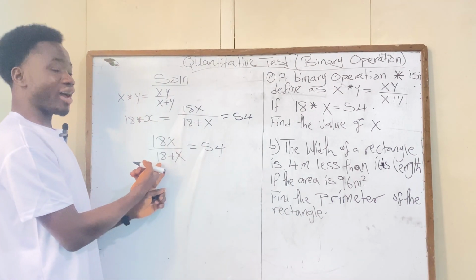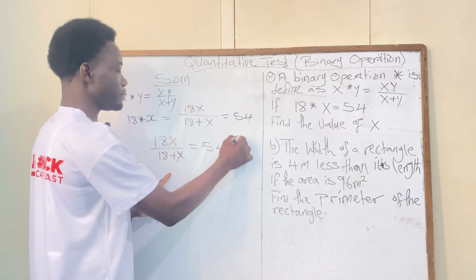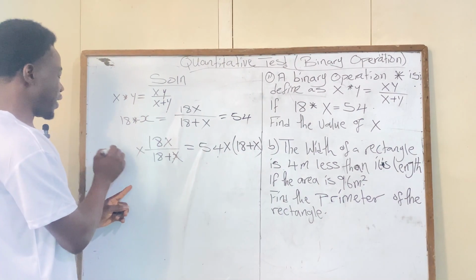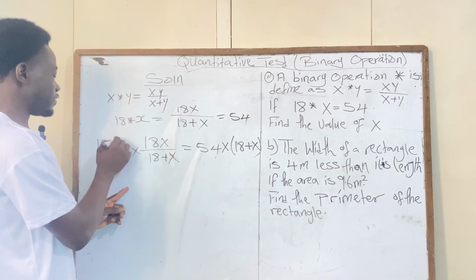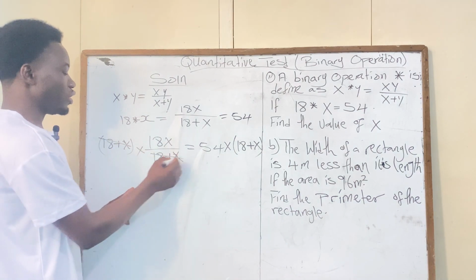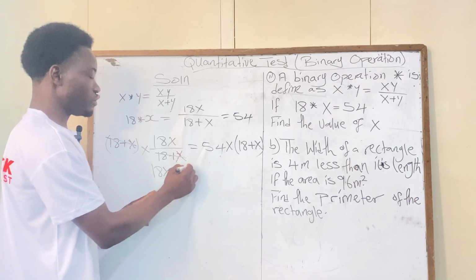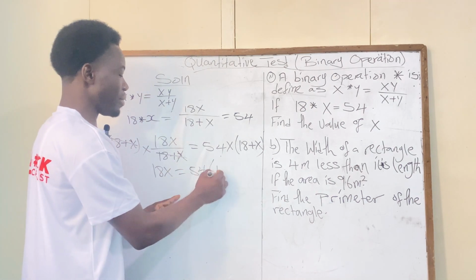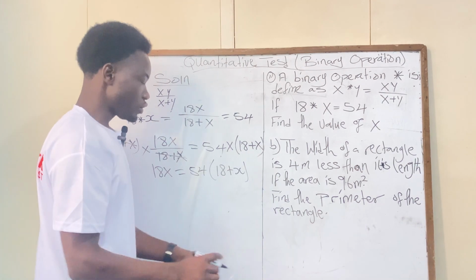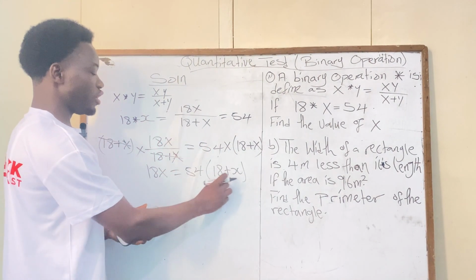Now I can multiply both sides by the denominator here. So I multiply here by 18 plus x, and multiply here by 18 plus x. By definition, we get rid of this, leaving 18x equal to 54 multiplying the bracket over here.